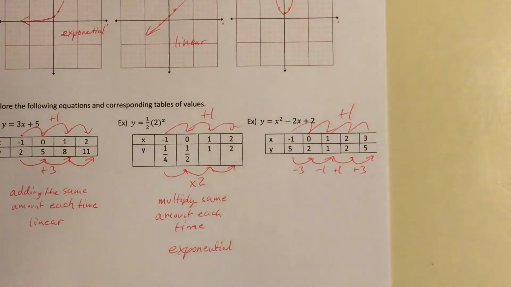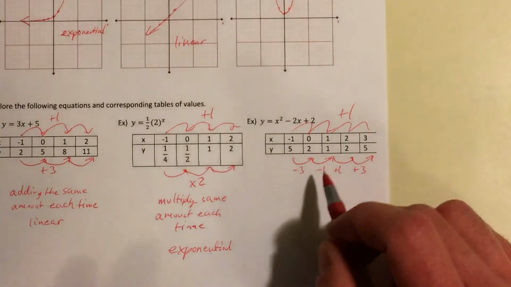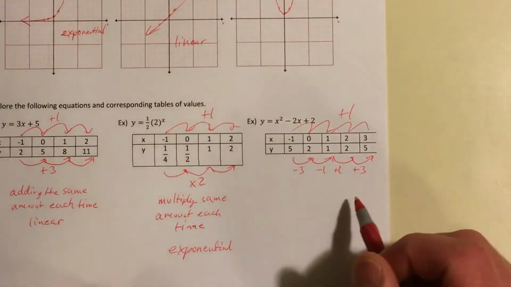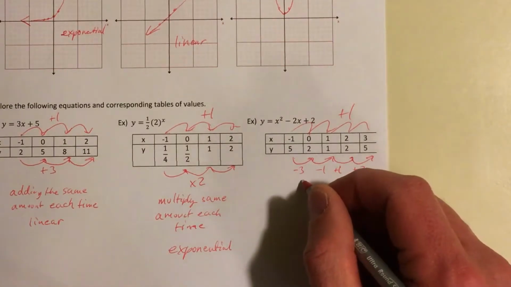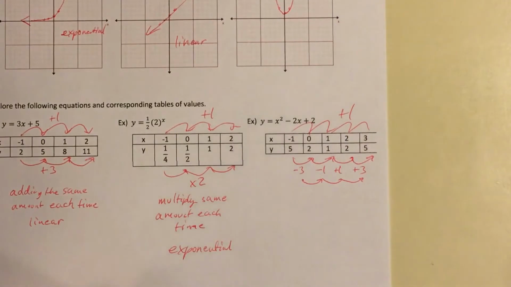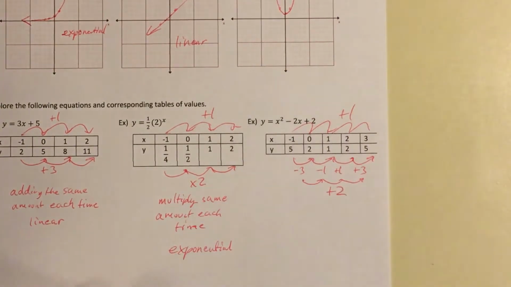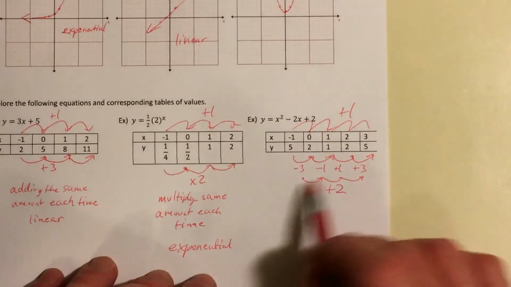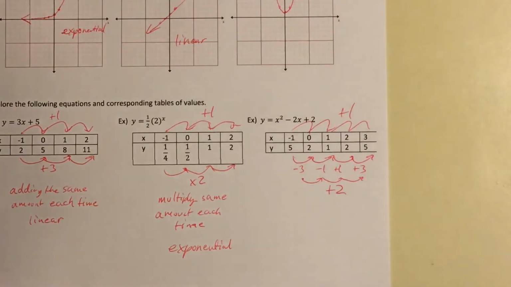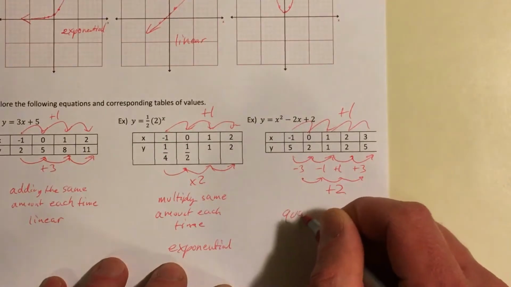And what's fascinating about quadratics is there's no real pattern here when you look at an addition or subtraction pattern. But if you take the second difference, there will be a pattern. And what are they doing? They're adding 2 each time. Isn't that cool? So every quadratic, the second difference, if you calculate it, is going to be consistent. So quadratic.